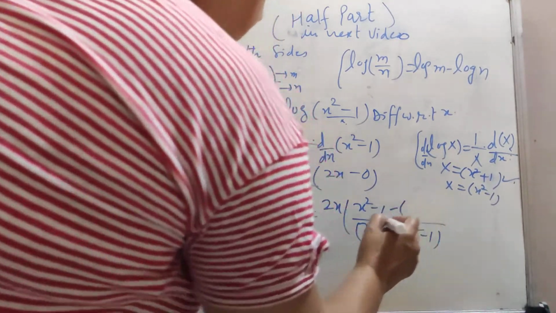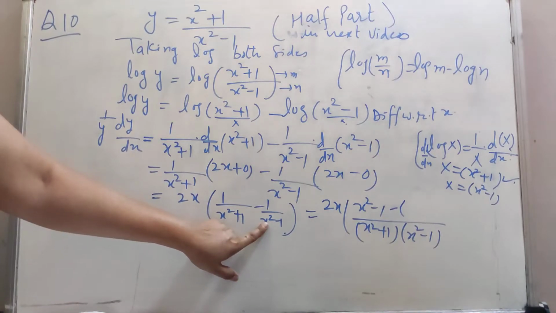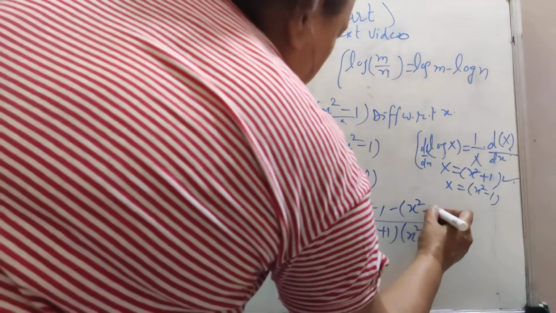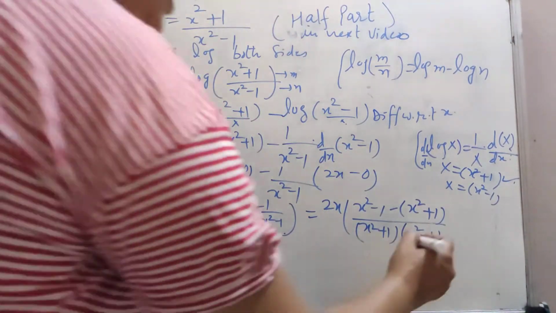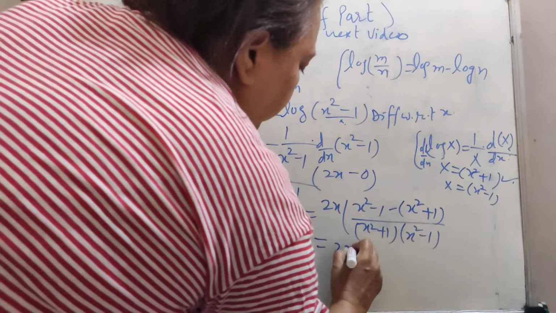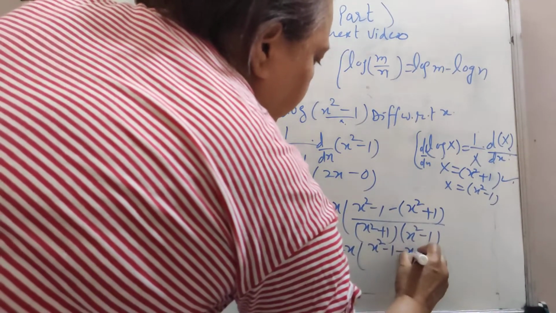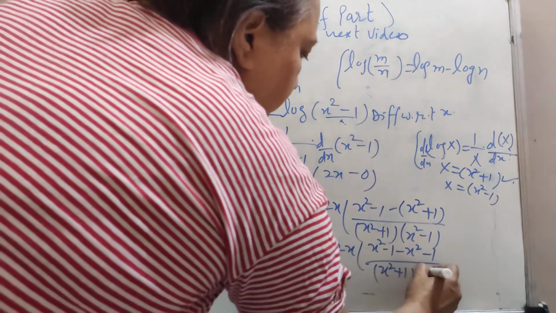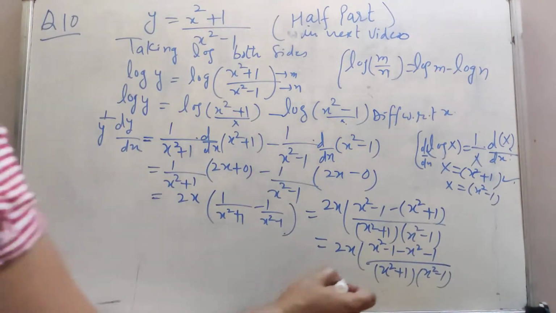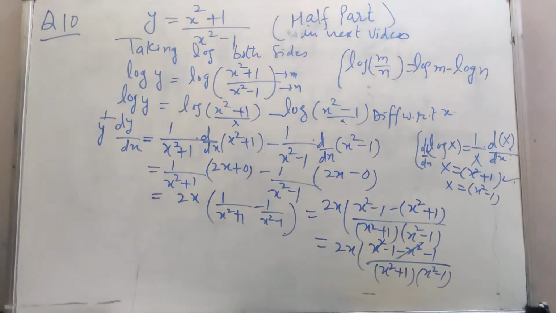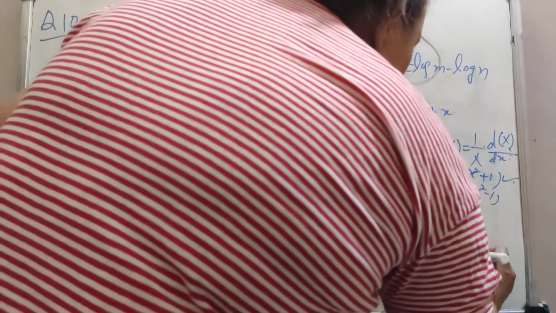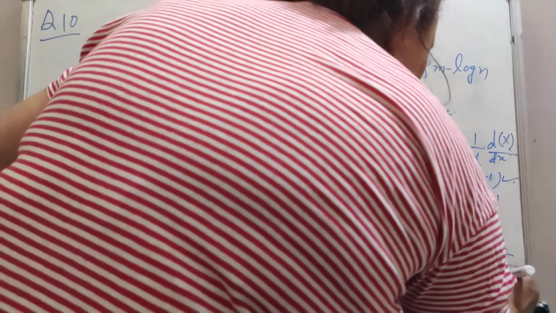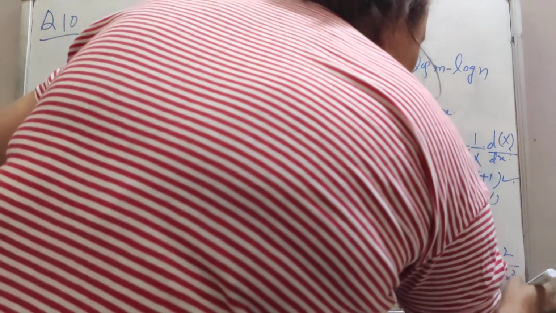Then minus sign, again x square minus 1 is there, so which is missing? x square plus 1, so we will multiply by this term. So this becomes 2x times (x square minus 1 minus x square minus 1) over (x square plus 1) into (x square minus 1). So x square and minus x square cancel. So this comes minus 2x into 2 over x square plus 1 into x square minus 1.